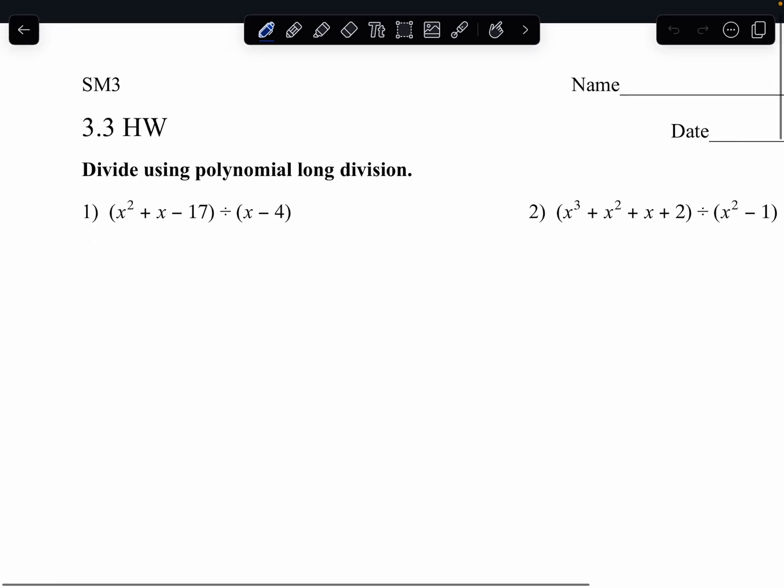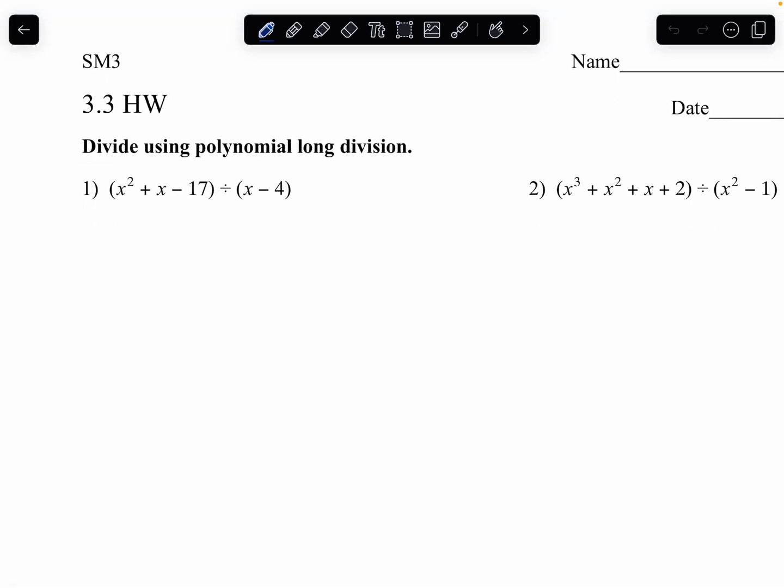To set up using the long division method, we are going to write out the dividend, which is x squared plus x minus 17, and then the divisor, which is x minus 4. So the dividend goes here, the divisor goes here.